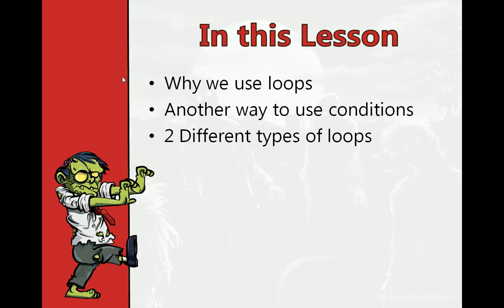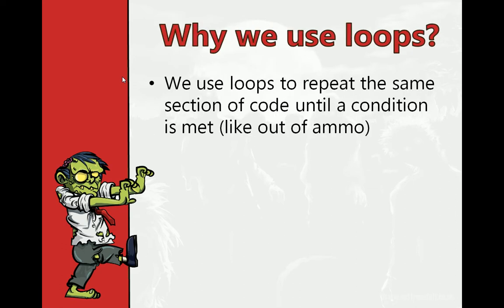But why do we want to use loops? What is so great about a loop? Well, we use loops to repeat the same section of code until a condition is met. Like, you're out of ammo, or do you want to shoot again? Do you want to continue the game? Yes or no? That's a loop.